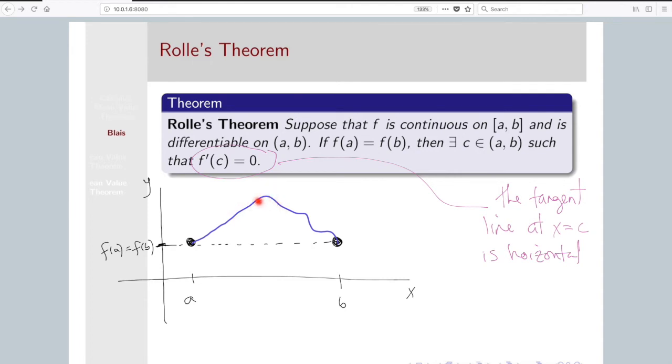And we had to do it in a smooth way because the function is differentiable, which meant that at that turnaround point, and there had to be at least one, the tangent line is horizontal. And remember, if a tangent line is horizontal for a differentiable function, that's the same thing as the derivative being 0 at C. So this would be our C, where the derivative is equal to 0.